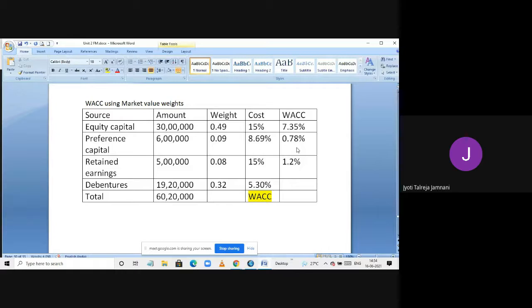Then 0.32 into 5.3 is 1.7. So you can total this. 11.03%. So this is the WACC.